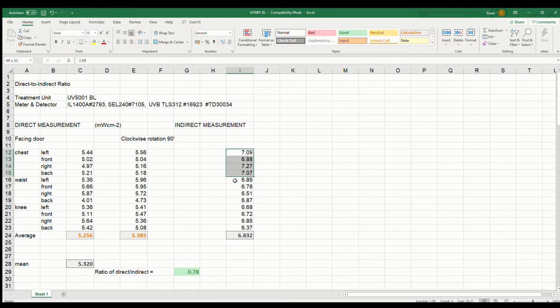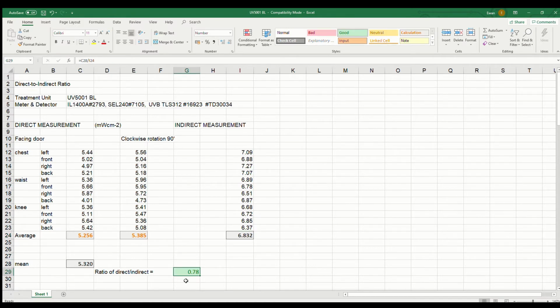So we get a total of 12 measurements overall, and the average for these indirect measurements in this scenario is 6.832 milliwatts per centimetre squared. The direct to indirect ratio is very simply the direct measurement divided by the indirect measurement, which gives us a result for this particular phototherapy cabin of 0.78.